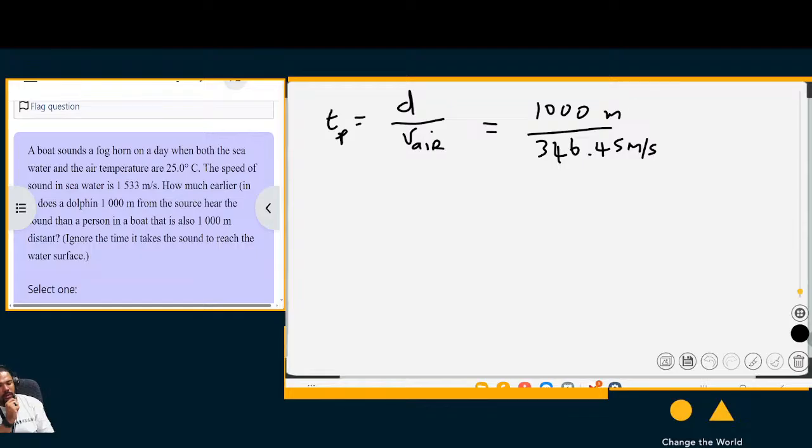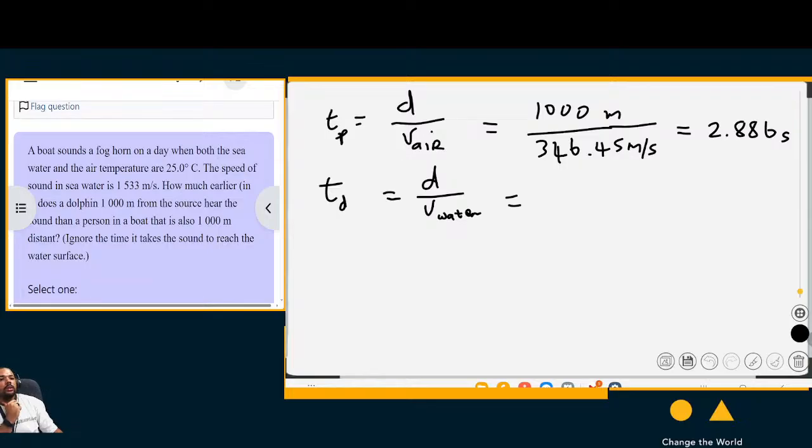Your answer will be in seconds, and it is actually 2.886 seconds. That is how long it takes to reach the person. But now, how long does it take to reach the dolphin? It's the same distance over the speed of sound in the water.